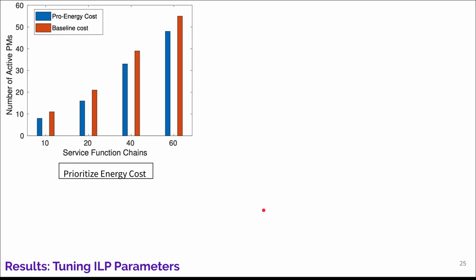Okay. We can even try to show that we can tune the ILP parameters in our objective function. If we want to prioritize a certain cost out of the 3 costs we have in our objective function, we can do that too by using the tuning variable. For example, if we prioritize the energy cost, you can see that the prioritized energy cost in the blue bar is less than the baseline cost.